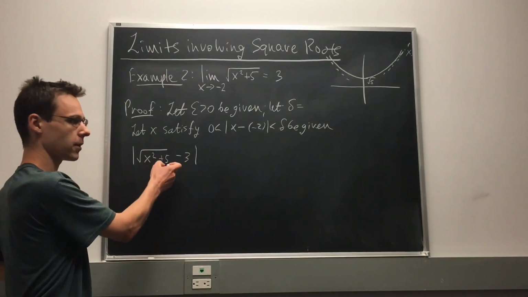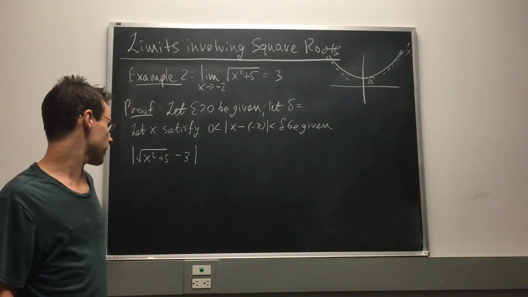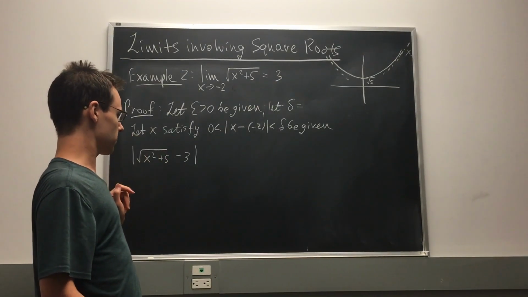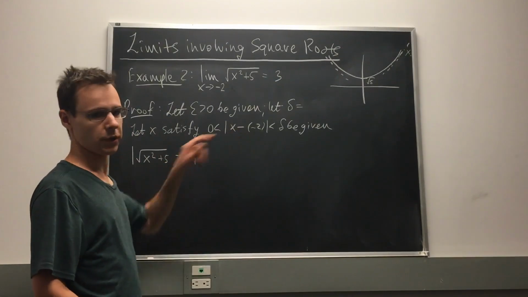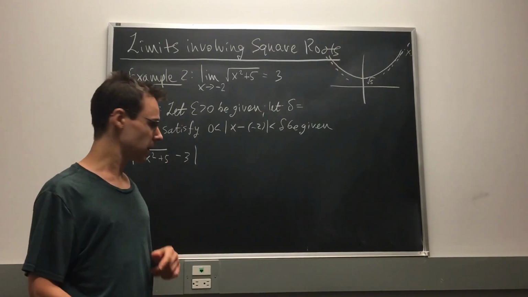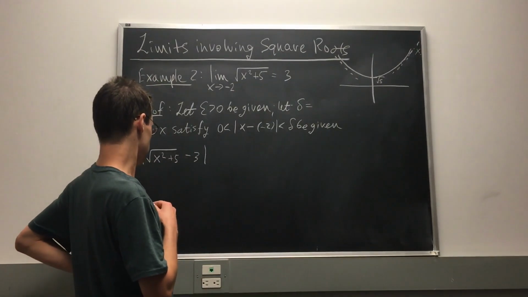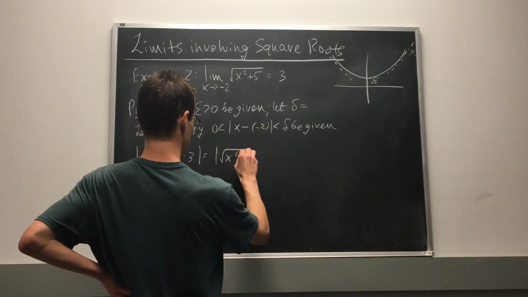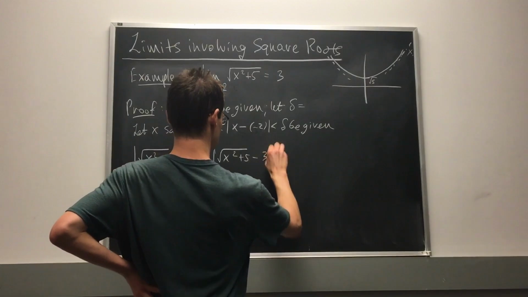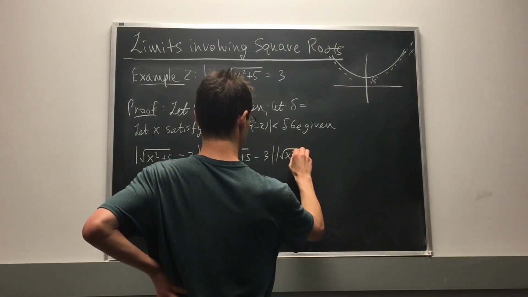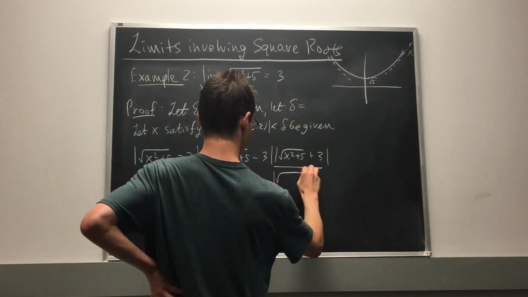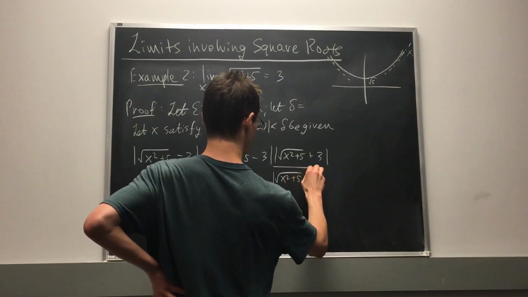We're going to multiply by the conjugate here to rationalize the numerator. That's the only way to really get rid of the square root, which is what we want to do because we want to bring this in, and this has no square root. So root x squared plus 5 minus 3 equals root x squared plus 5 minus 3 times root x squared plus 5 plus 3 over root x squared plus 5 plus 3.